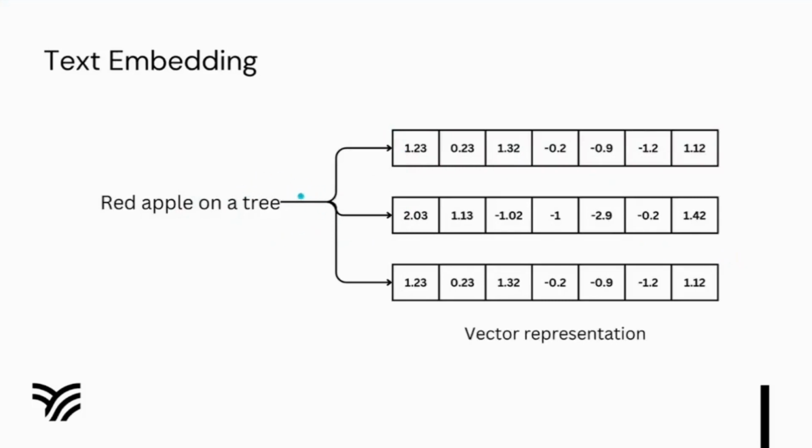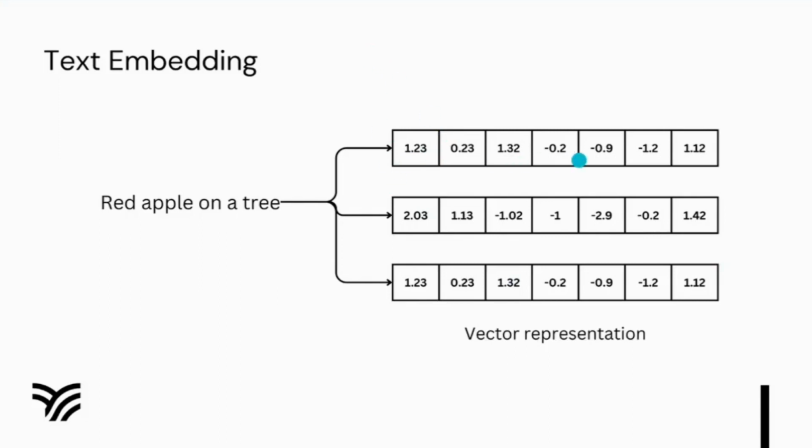Before that, let's discuss what text embeddings are. Text embedding is the process of converting textual data or unstructured data into a floating point vector representation. This is how the vector representation looks. It is an array representation of floating point values.